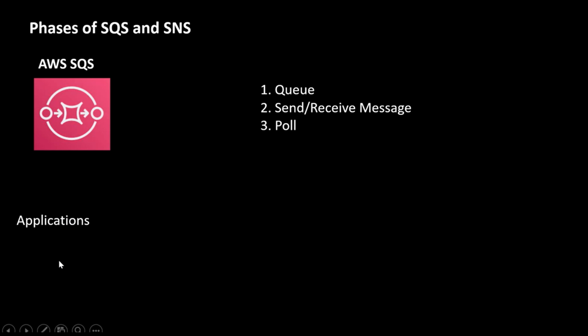Let's suppose you have applications, which you can assume as producers. You need to create the queues, so the applications can send messages to these queues.